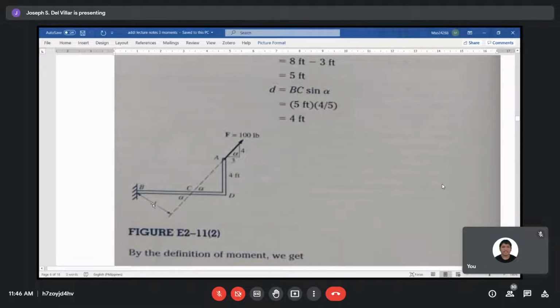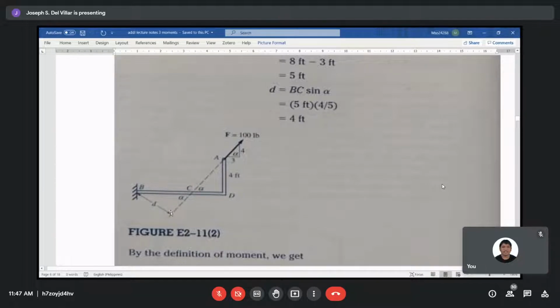Itong D na to is also equal to this AD. Okay? So, yung distance is equal to 4 feet. Okay? Kasi nga ito, parehas, no? Itong triangle na to is also equal to this. So, kung 4 feet ito, 4 feet na rin.